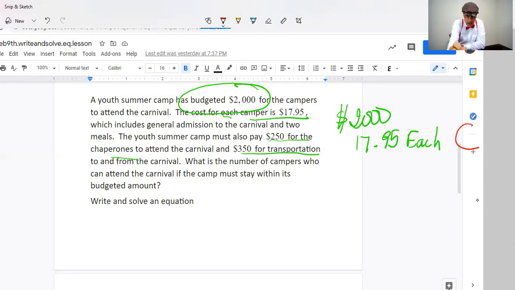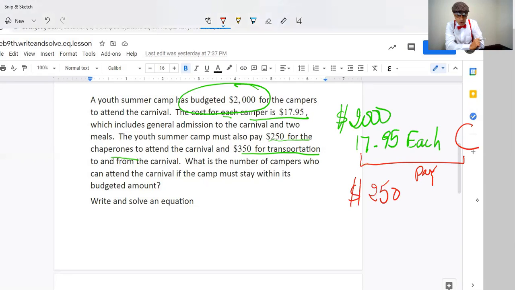They also have to pay, first they have to pay this for the campers. Now they have to pay $250 for the chaperones. A chaperone is a grown-up, an adult that goes along on a trip. Just like when we take school trips, teachers are chaperones. They are the adults chaperoning the students during a trip.